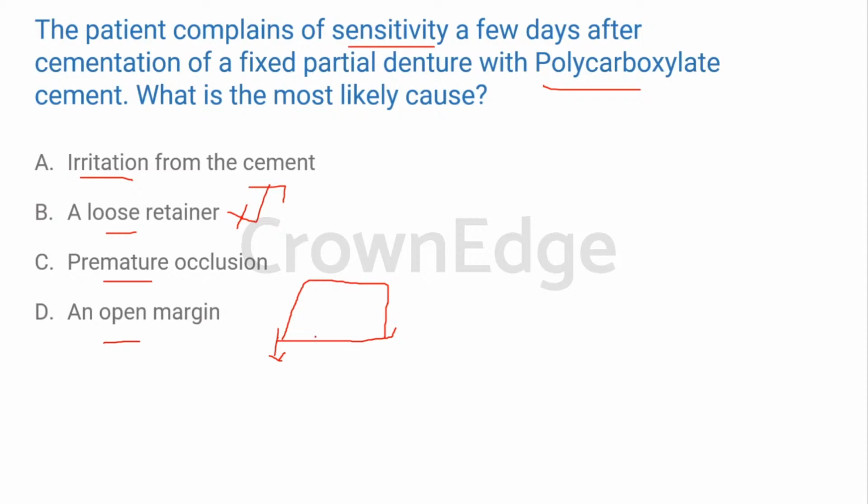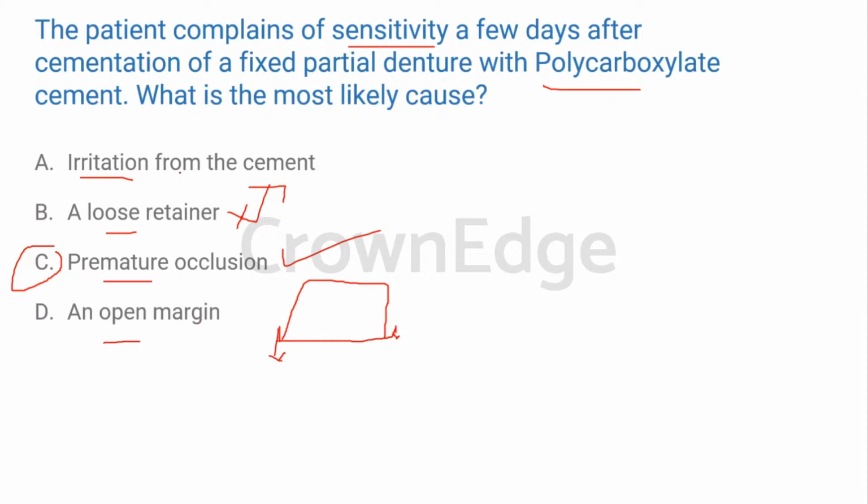Our crown will sit on the shoulder finish line itself, though it will not prevent the cement from seeping into it. An open margin has to be as big as 5 to 10 millimeters to cause sensitivity to the patient.